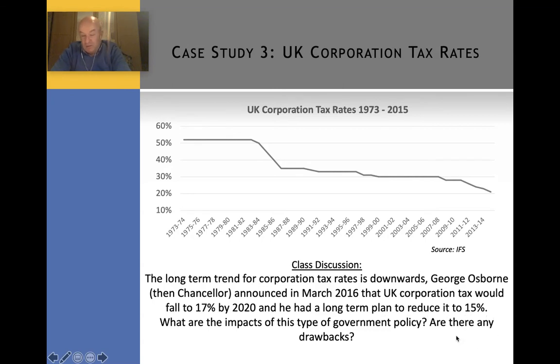I think we're a little bit higher than 17% at the moment. I think it might be 18 or 19. So we've not quite achieved that. But whether that long-term plan will carry on and it will reduce to 15% is a bit of a question. And clearly there might be some drawbacks to this in terms of some of the impacts that it might have. Okay, so I'd like you to give that some thought too.